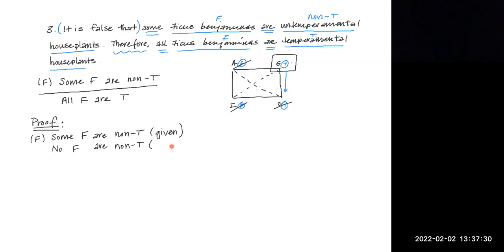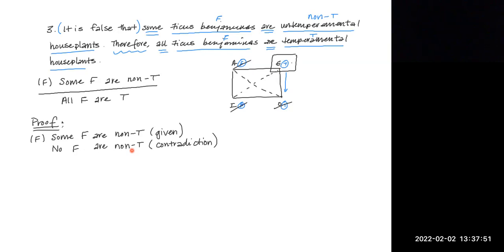The relationship between I and E on the square is the contradictory relationship. So you can either write contradictory or contradiction. But it still doesn't look exactly like the conclusion, all F are T. It says no F are non-T.